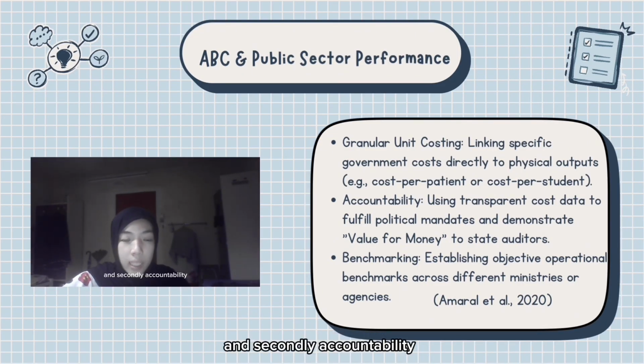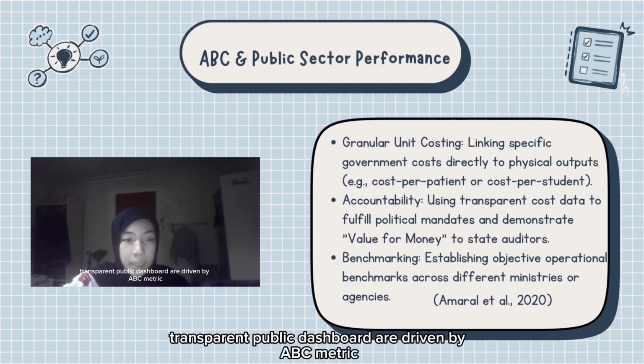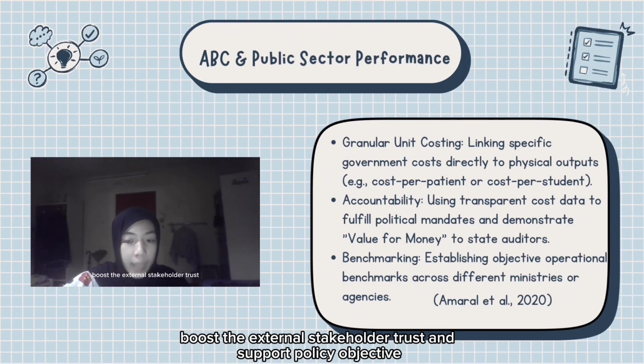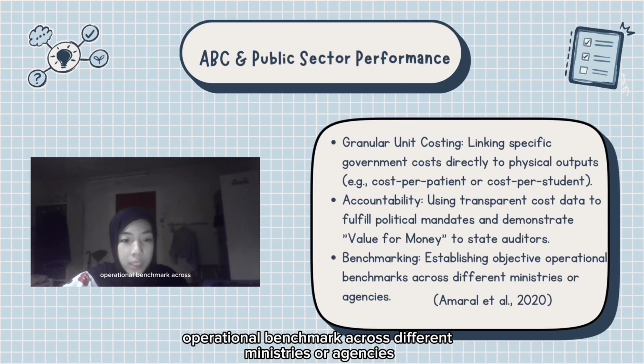Secondly, accountability: using transparent cost data to fulfill political mandates and demonstrate value for money to state auditors. Transparent public dashboards driven by ABC metrics boost external stakeholder trust and support policy objectives. And third, benchmarking, establishing objective operational benchmarks across different ministries or agencies.